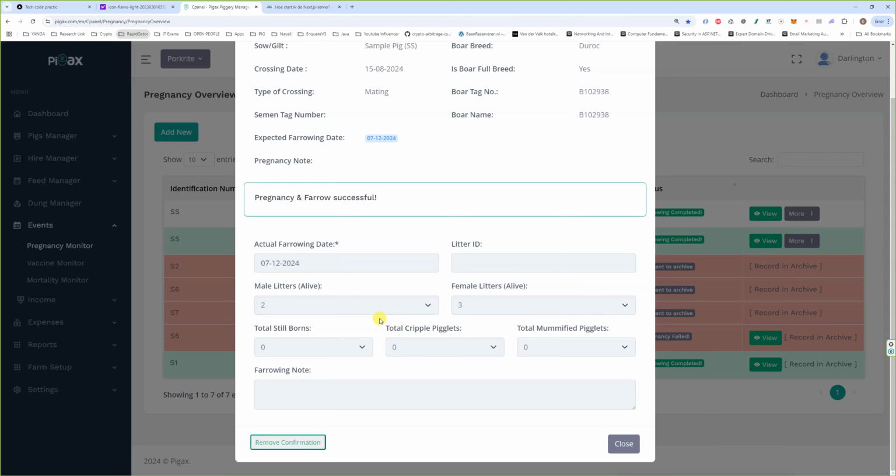So even if the pig is moved to a different farm and the litter ID is in the registration, you can easily spot its brothers and sisters because they were born on the same day. The whole idea of a litter ID is to group, to say, okay, this batch is all together. That means this one is this one's brother, this one is this one's sister. That also helps to prevent interbreeding, amongst other things.